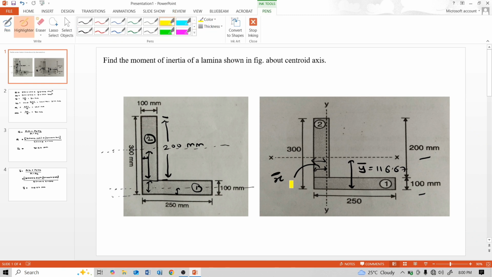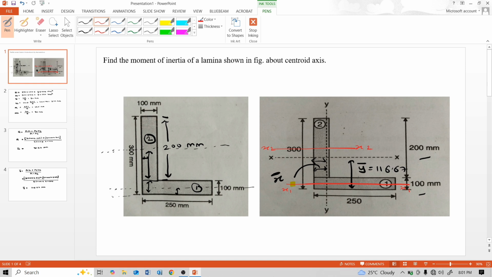See, this is the axis for this 1, and 200 by 2, that means this is the axis for this 2. Give this axis the name x1 and this axis the name x2.